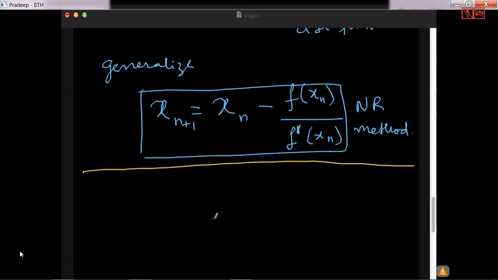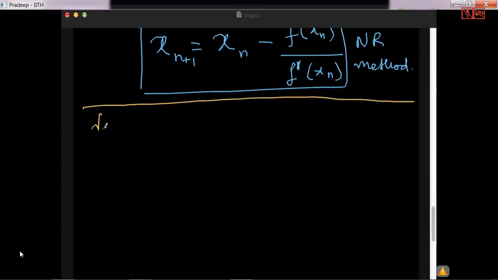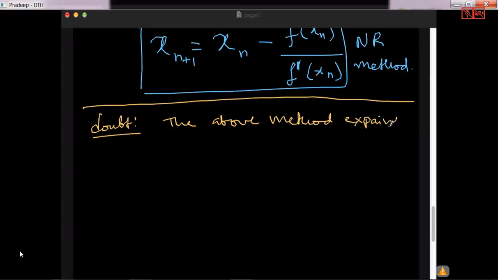So I have a doubt. The doubt is like this. The above method explains Newton-Raphson for one unknown with one function.